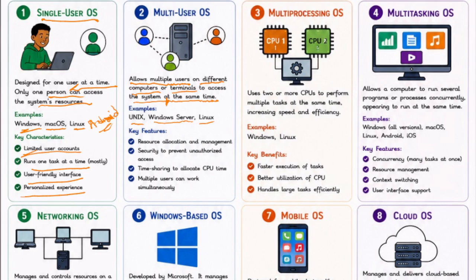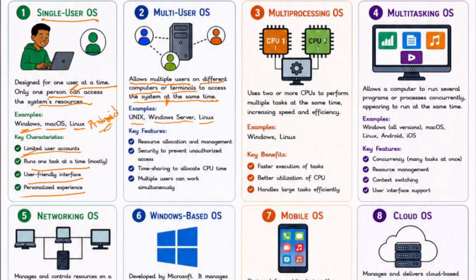Your phone as well is also an example of a multiprocessing OS, because there are some Android operating systems that use, I want to check my phone, octa-core processors and the likes. So it's an example. It just means more than one CPU performing different tasks at the same time.